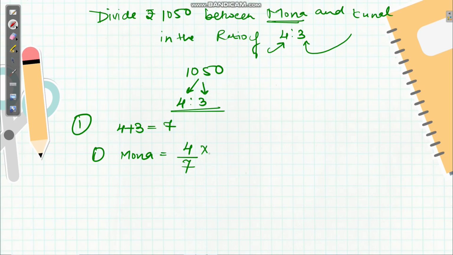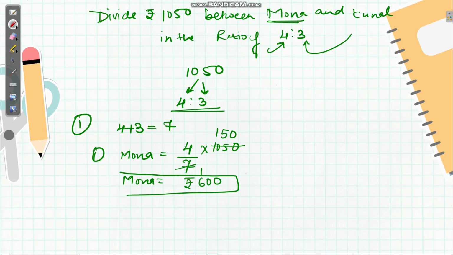What we need to divide is the amount, that is 1050. Now can we divide anything over here? Yes, 7 ones are 7, 7 fives are 35, so 150. So if we calculate the amount, 4 times 150 is 600, so rupees 600. So Mona will be getting rupees 600 out of 1050.